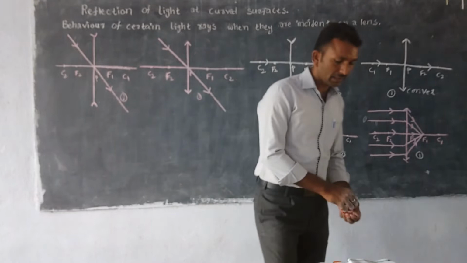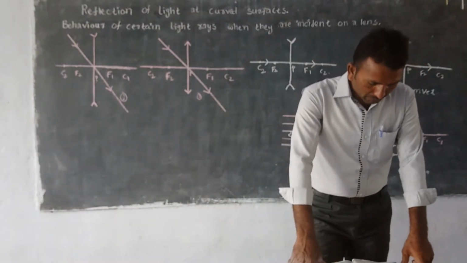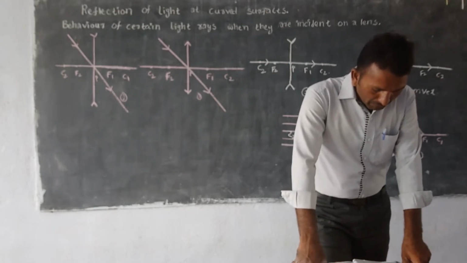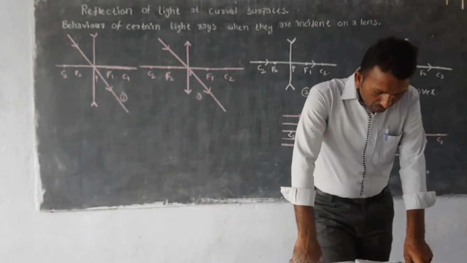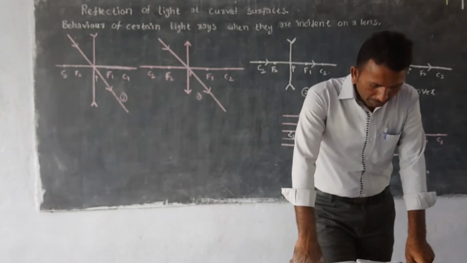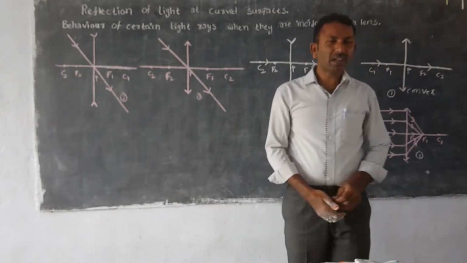And next, situation 4, ray passing through the focus. Light rays obey the principle of least time. Hence, the ray passing through the focus will take a path parallel to the principal axis after refraction. Every time, light rays obey the principle of least time.